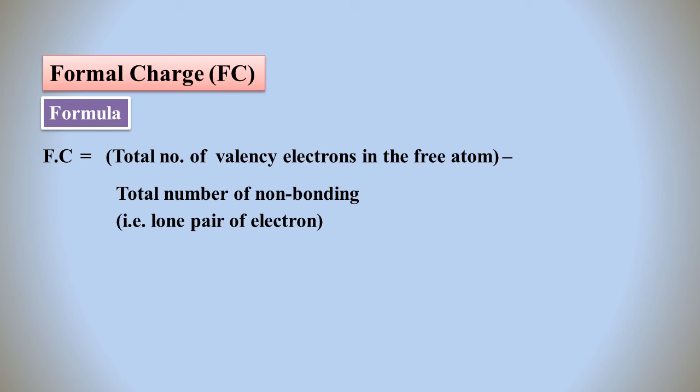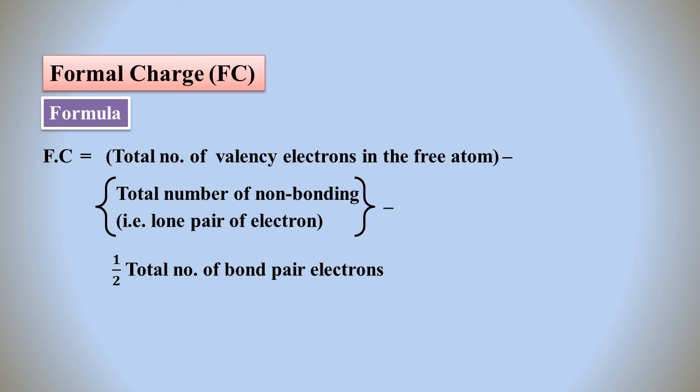To reach the formal charge, we take the difference between the total number of valence electrons in the free atom, or before making the bond, and the total number of non-bonding electrons, minus also half the total number of bond pair electrons. To reach the formal charge.